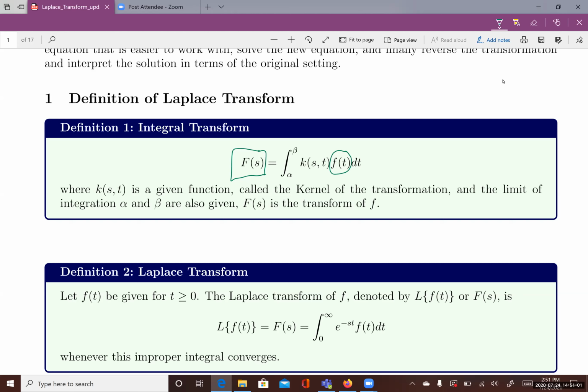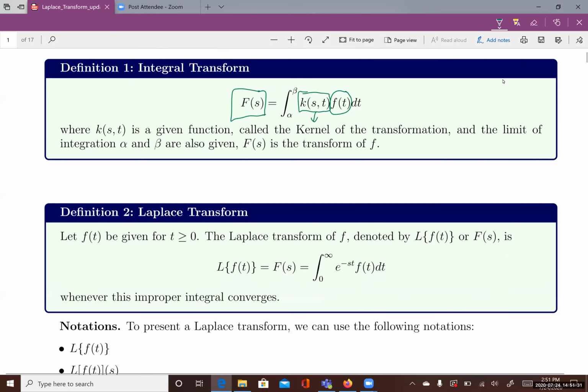And then the function k in terms of s and t is the kernel of the transformation. So the function k is multiplied by the function f of t, and you integrate it from alpha to beta, where alpha and beta are given. So this is the definition of integral transform, right? You transform a function using integration.